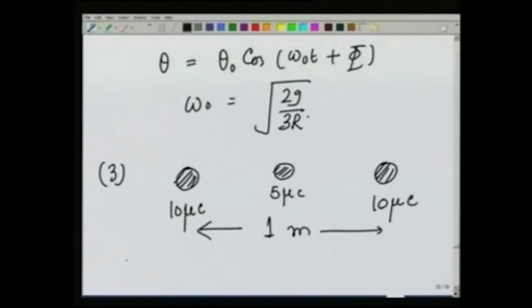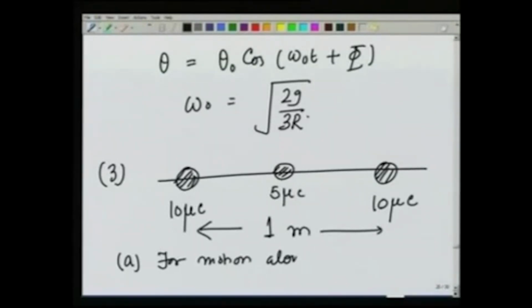I want you to show, number 1, for motion along the line joining the charges, the 5 microcoulomb charge is at minimum U at x.